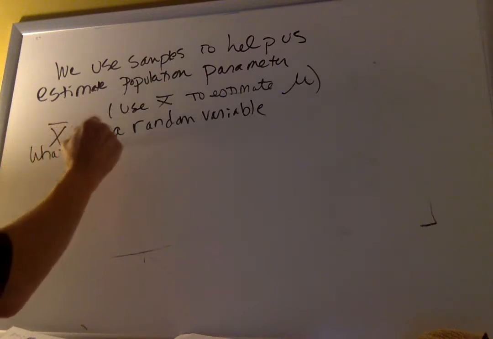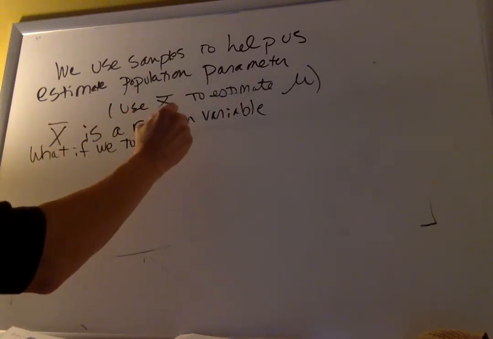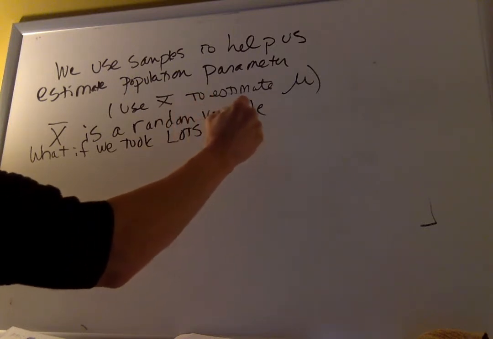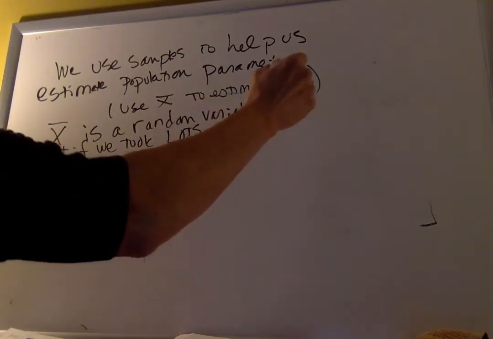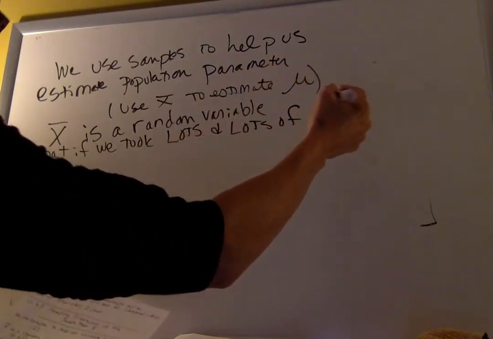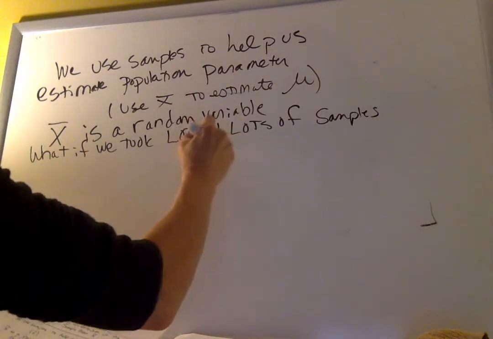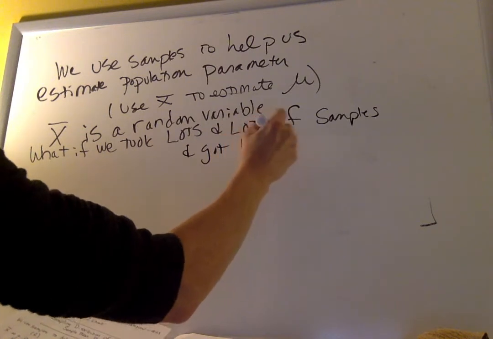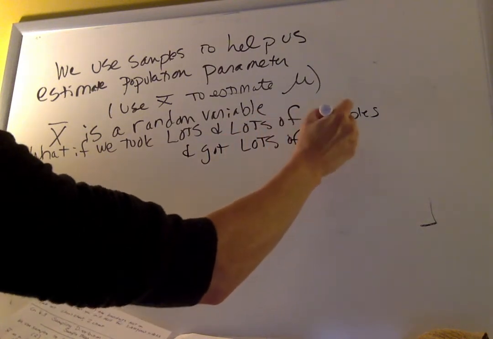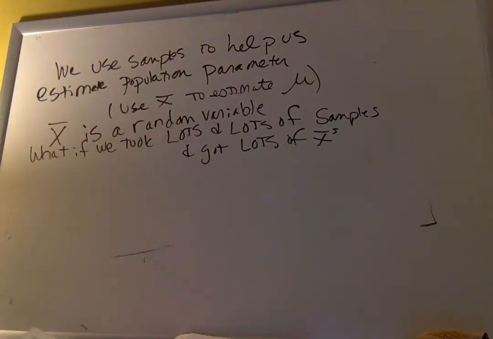What if we took lots and lots of samples and got lots of xbars? So from all these different samples that I take, I calculate the xbar for each one, and I make a list of all the xbars that I got, okay?